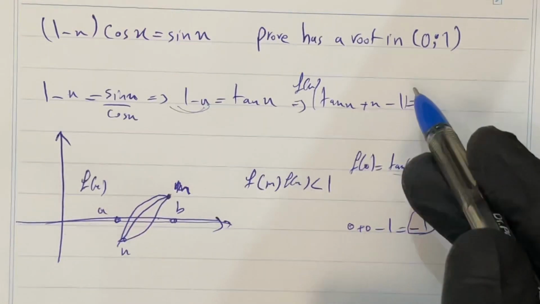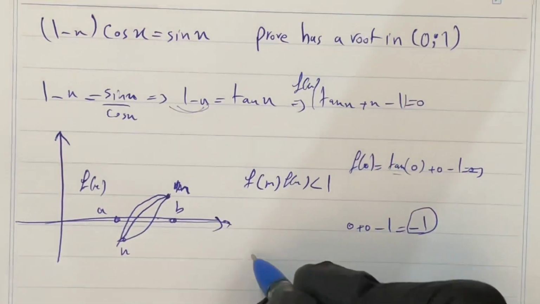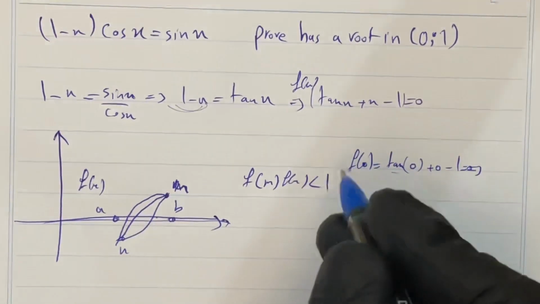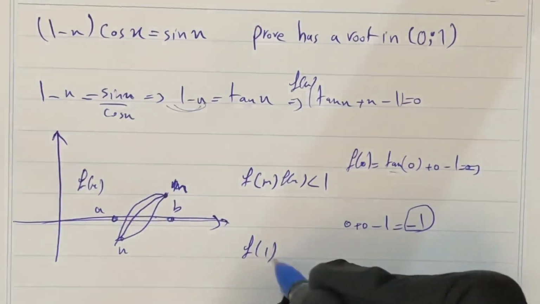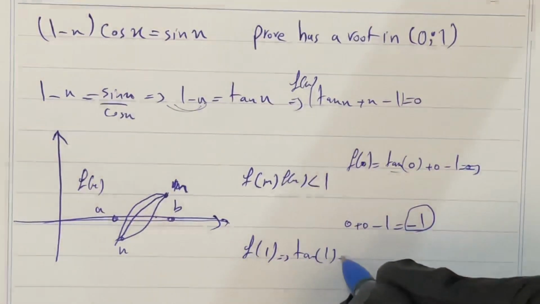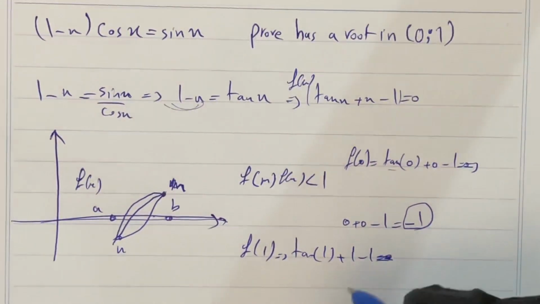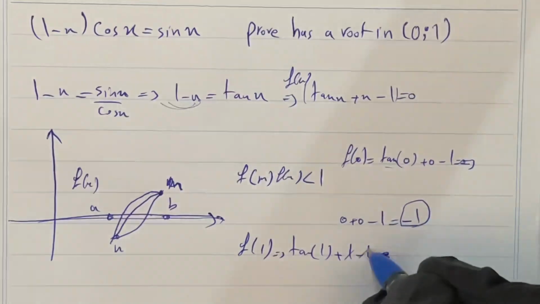So the value of the function at 0 is negative 1. Let's try another one with 1. f of 1 equals tangent of 1 plus 1 minus 1, and 1 minus 1 is 0.